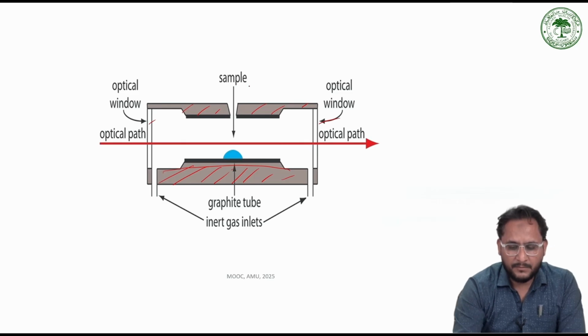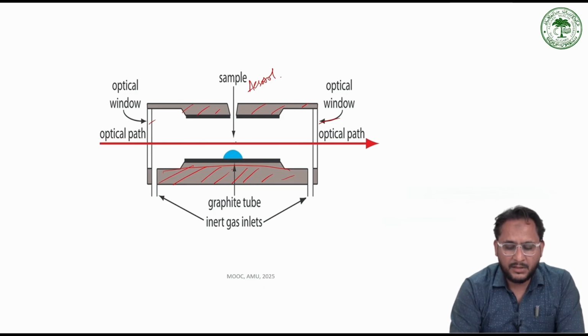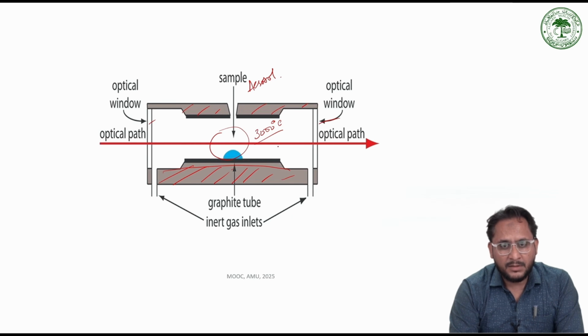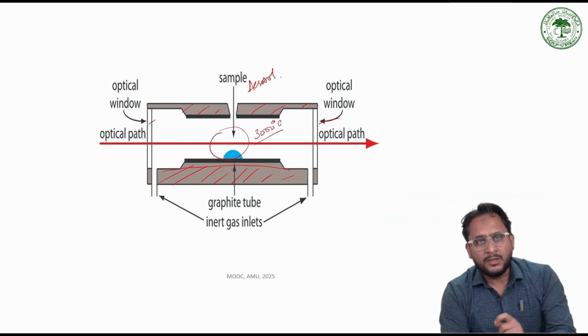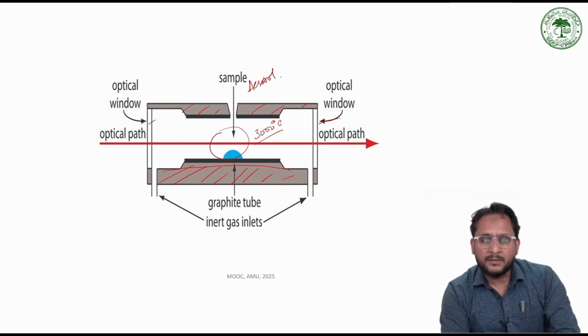The aerosol sample is introduced from the top, and an electric discharge is given to the sample, creating a very high temperature of 3000 degrees Celsius, which immediately turns the sample in aerosol form to individual atoms in vaporized state by the process of desolvation, vaporization, and dissociation.